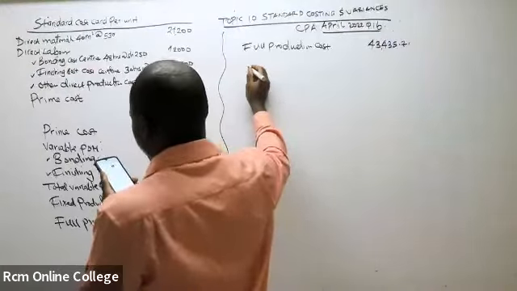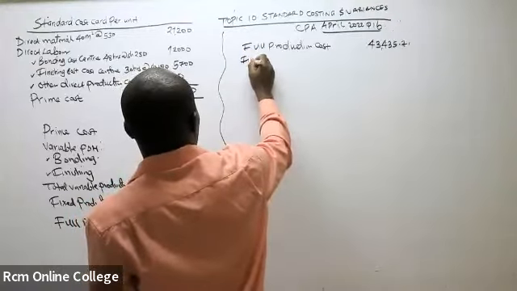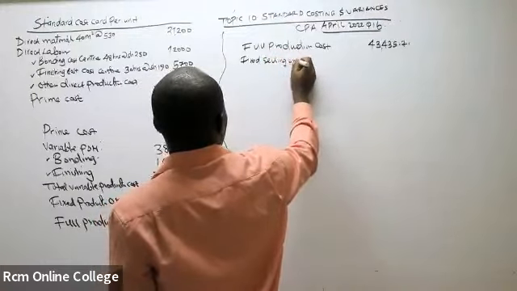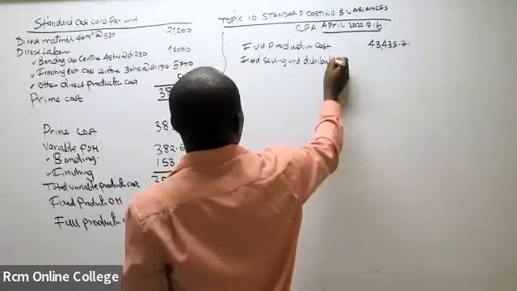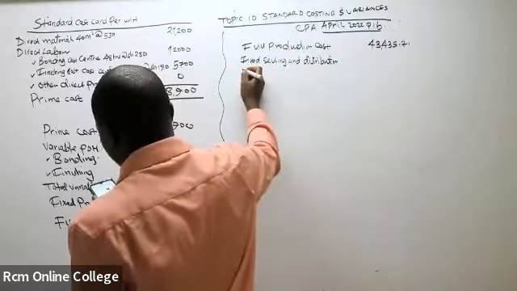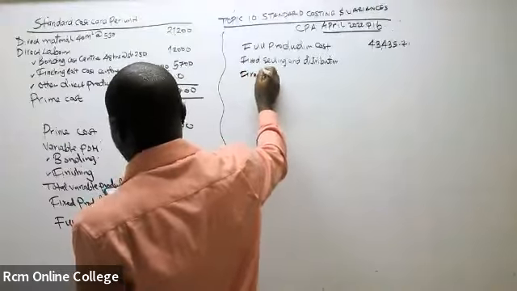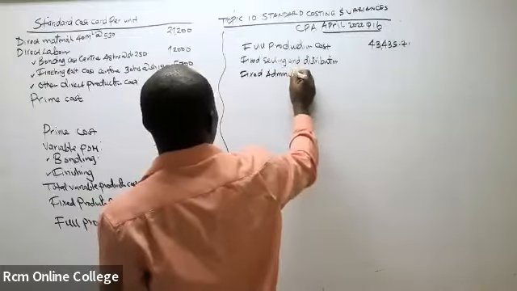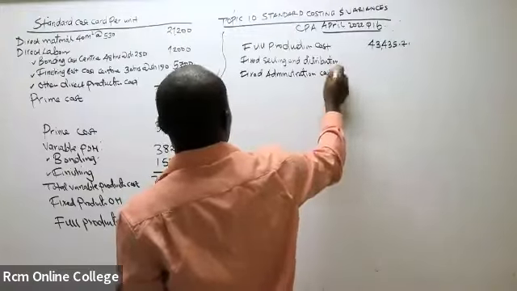We have fixed selling and distribution, which normally depends on the units that have been sold, but you can see, then we have fixed administration costs.